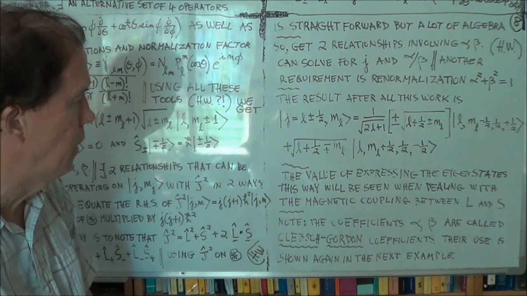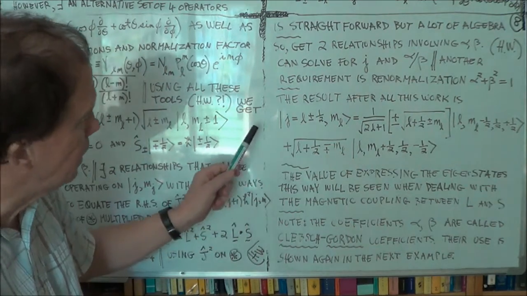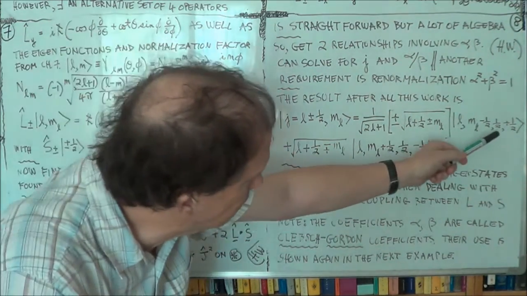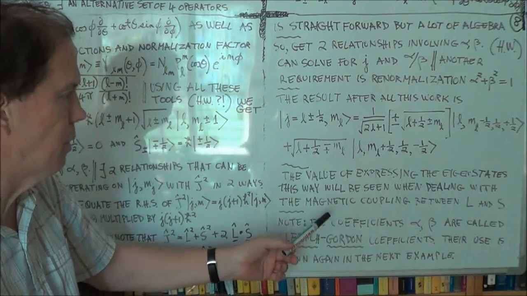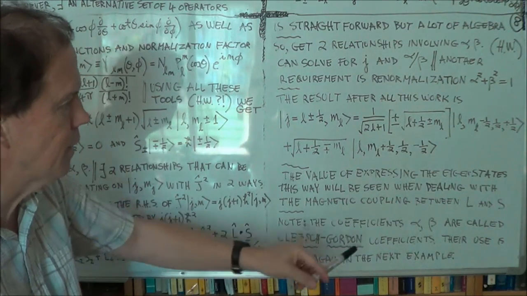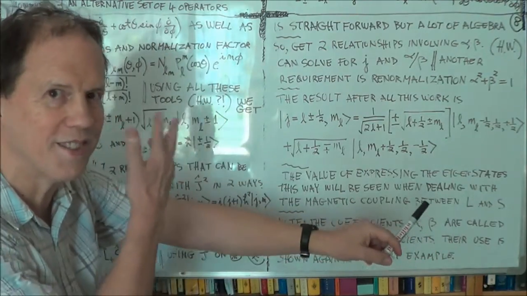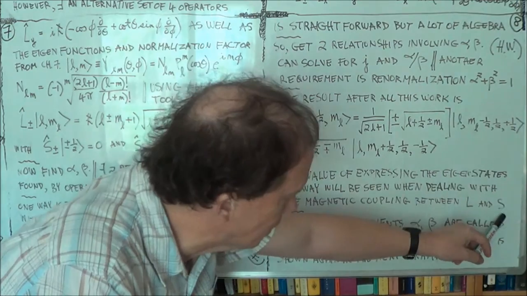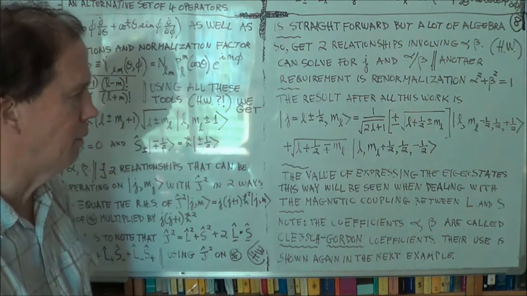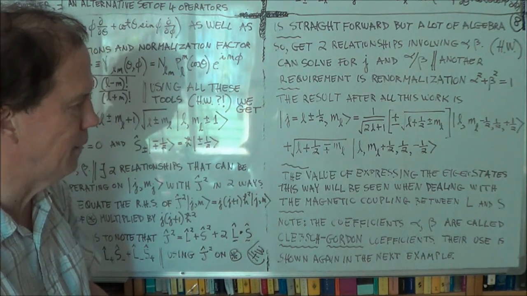So, right? Now, why do this? What's the motivation for doing this kind of thing? Well, the next example we'll give will be, there is a coupling. Now, remember before I was assuming an independence between the orbital angular momentum and the spin angular momentum, but that's not always the case.